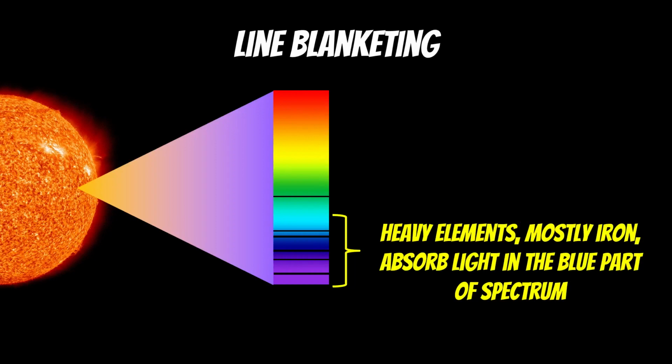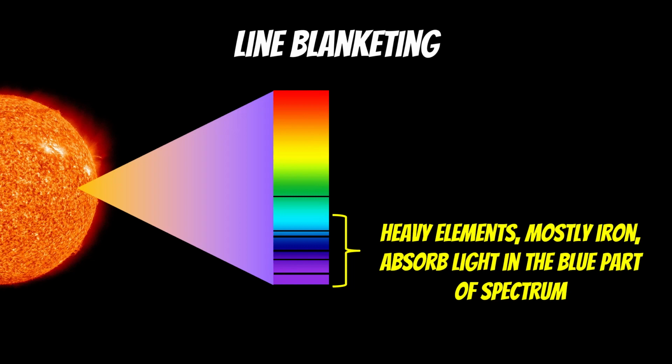So what's actually causing this? Well, the first thing is something called line blanketing. And this is where you've got lots of absorption lines from heavy elements in the spectrum of the star that are absorbing that part of the spectrum. So for example, most of it is going to be iron. There are some other heavy elements there, but iron is responsible for a lot of this. And it's going to absorb light, preferably in the blue part of the spectrum.